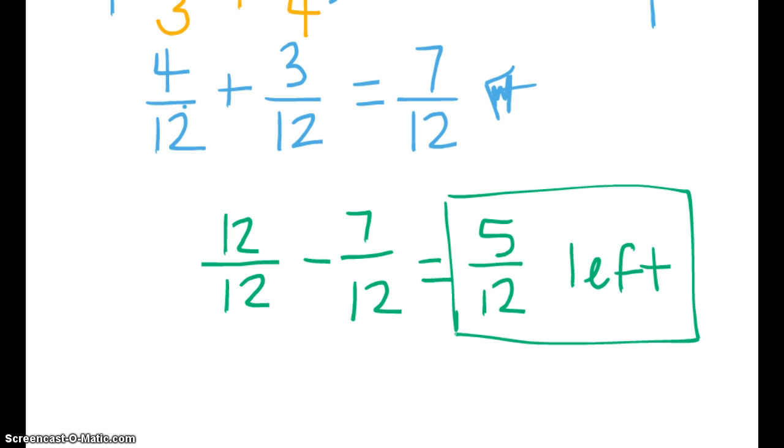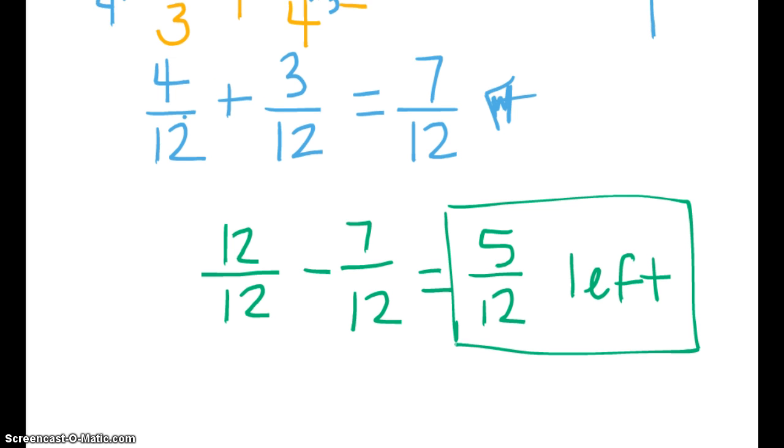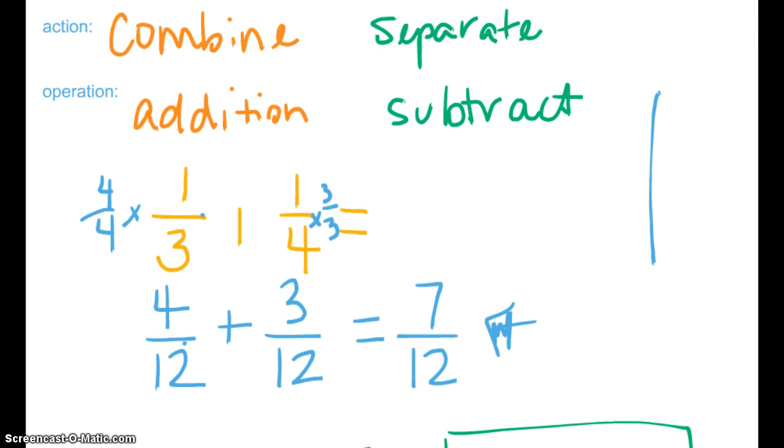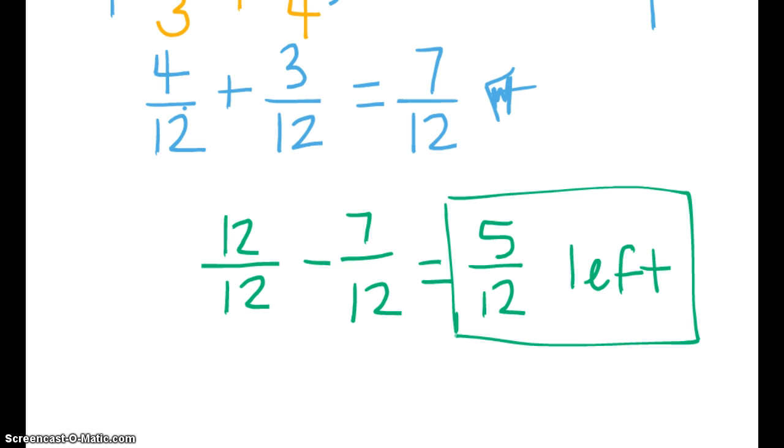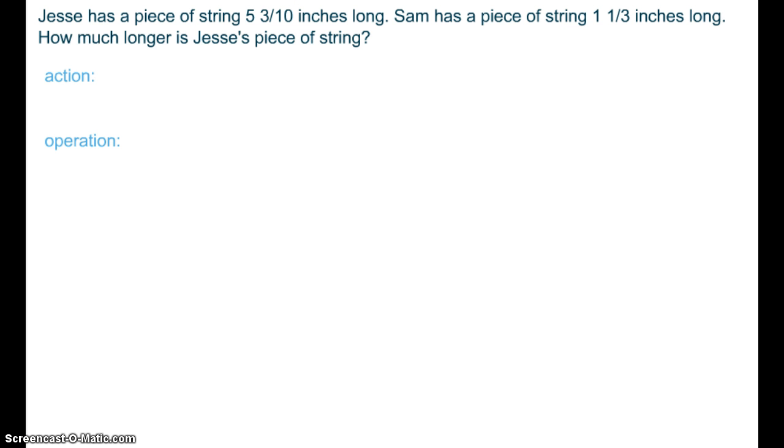Now, you could have drawn a picture and that would have been perfectly acceptable, but this is how to solve the problem just using numerical representation. So make sure that you understand. I think a tricky part of this is understanding that 12/12 is the whole pie. That's one whole.